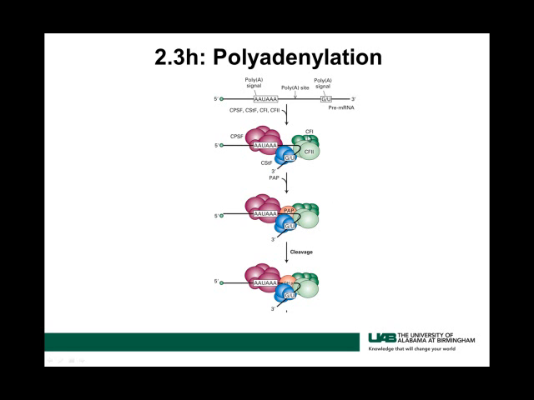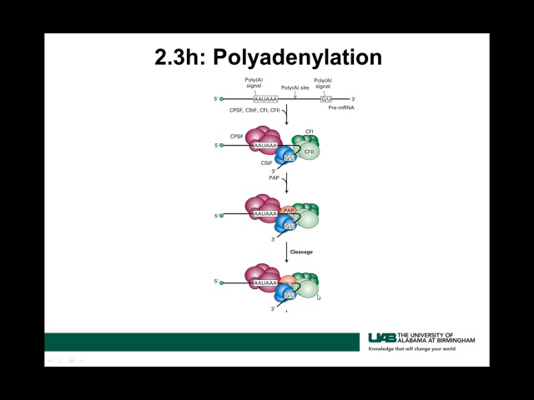And then the cleavage factors 1 and 2 bind to this loop right here, because now the RNA is looped around so that these two complexes can interact, and the cleavage factors bind to this area where the cleavage is going to occur, and they direct the binding of the poly-A polymerase, which will bind here, and then it cleaves that area right here.